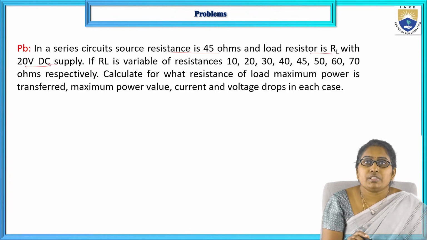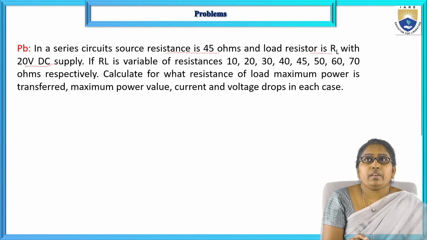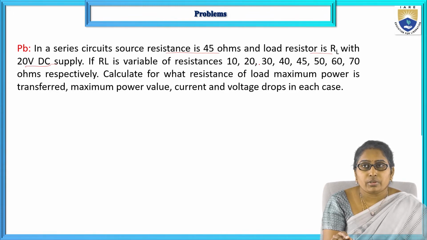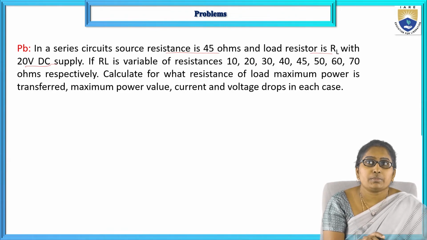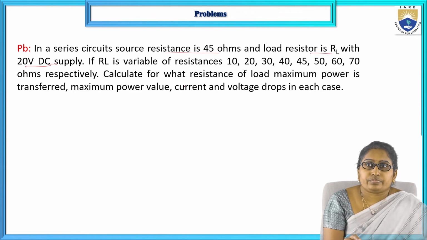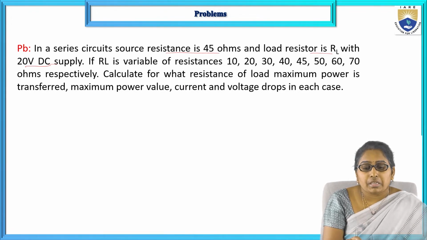Now, RL is a variable resistor, with values 10, 20, 30, 40, 45, 50, 60, 70 ohms respectively. Different values of RL are mentioned.